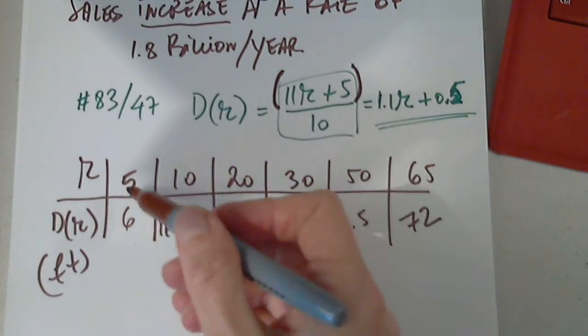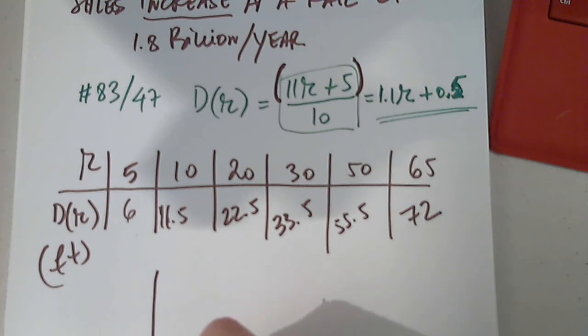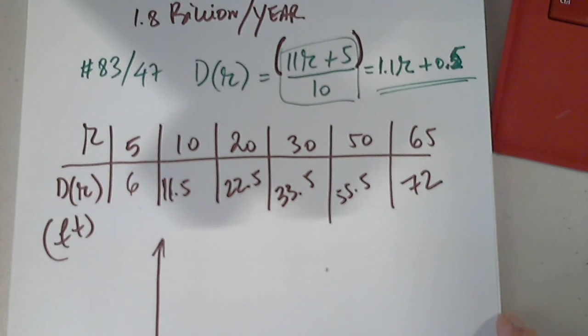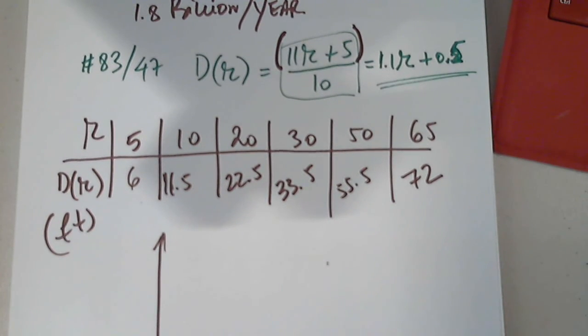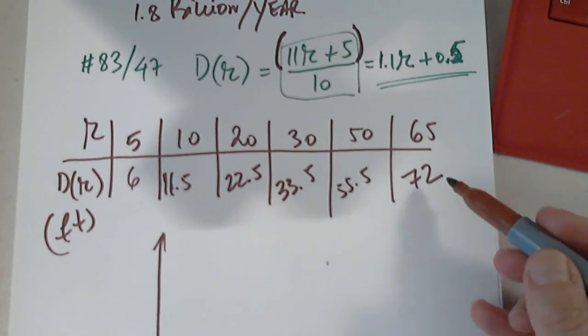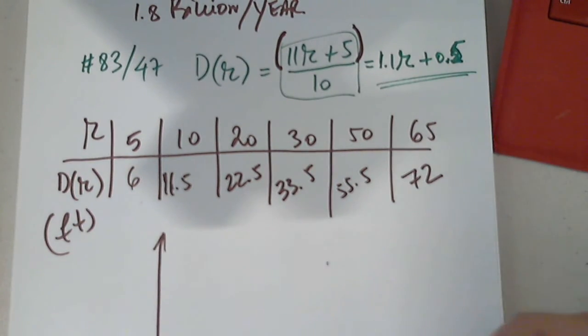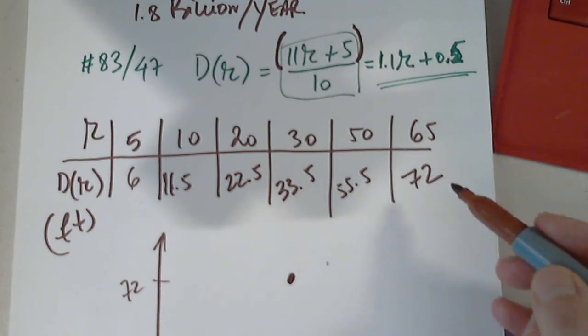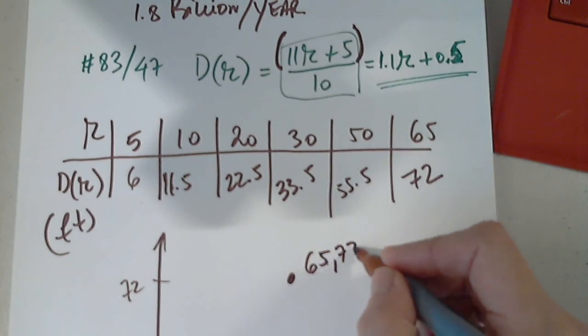So the independent variable goes from 0 till, I'm not sure, maybe I'll consider 100 miles an hour. And what about the distance? Again, I'm not sure, but definitely when the speed is 65, the distance is 72. This is the point (65, 72).